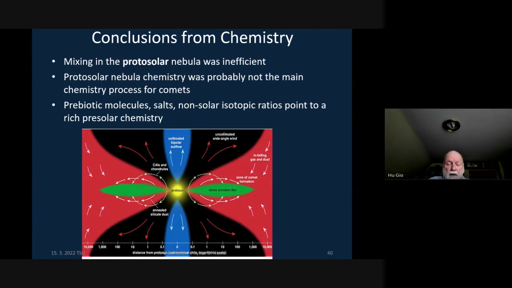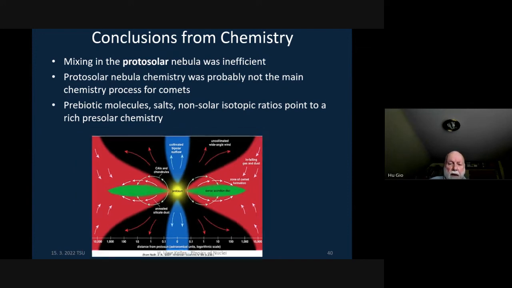So this is just a very brief summary, I think, of what we have found out from the vast amount of information collected by Rosina, and the interpretation is still going on. It's going to take another few years to really get all the fine information out of the spectra.